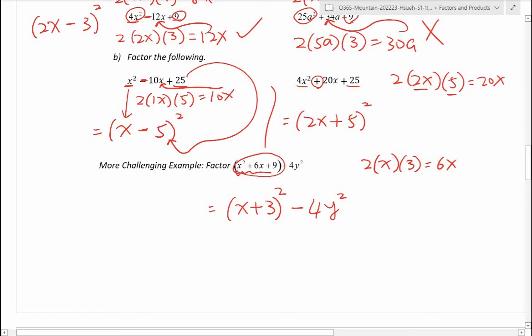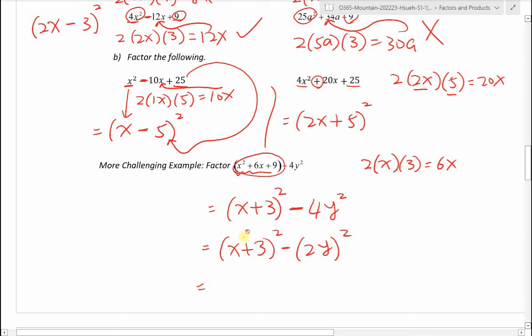Now, after I finish the first step, factoring the x squared plus 6x plus 9, I notice that this is a perfect square, and also 4y squared is also a perfect square. And there's a minus sign here. So this is a difference of squares. So I can actually change this to x plus 3 squared minus 2y squared. Again, this is difference of squares.